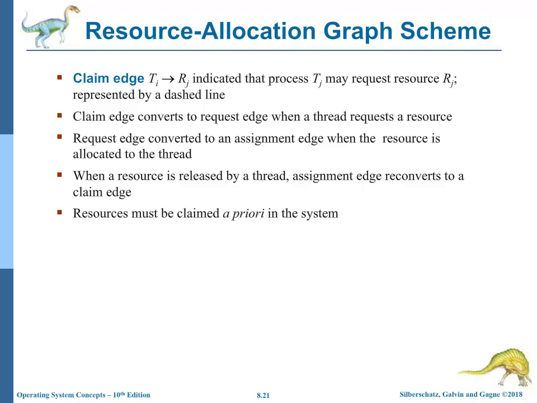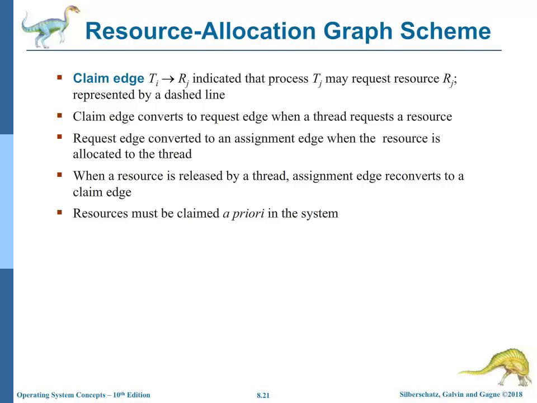It's a dashed line. So a claim edge Ti to Rj indicates that thread Ti may request resource Rj at some time in the future. This edge resembles a request edge in direction, but is represented in the graph by a dashed line. When thread Ti requests resource Rj, the claim edge Ti to Rj is converted to a request edge.